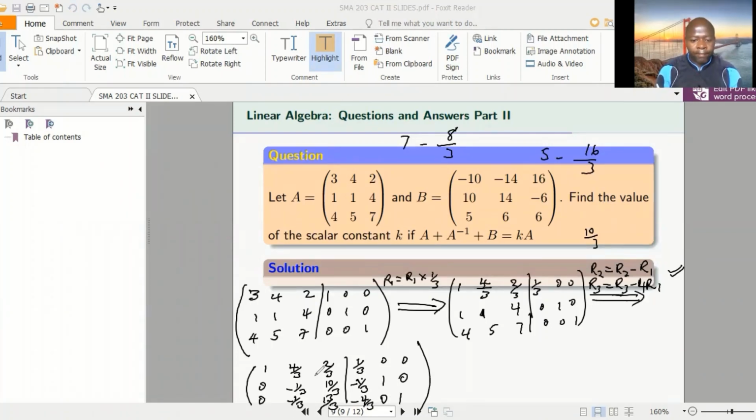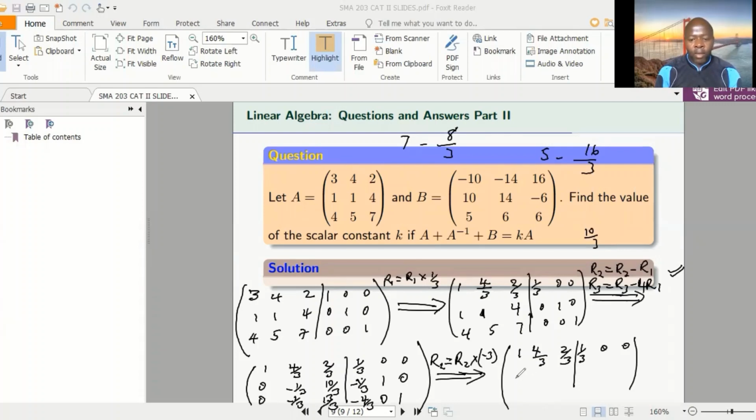Next, I want a 1 here. What that means is that to get the new row 2, I need the current row 2 times -3. So when that happens, first of all, row 1 is as it is: 1, 4 out of 3, 2 out of 3, a third, 0, 0.